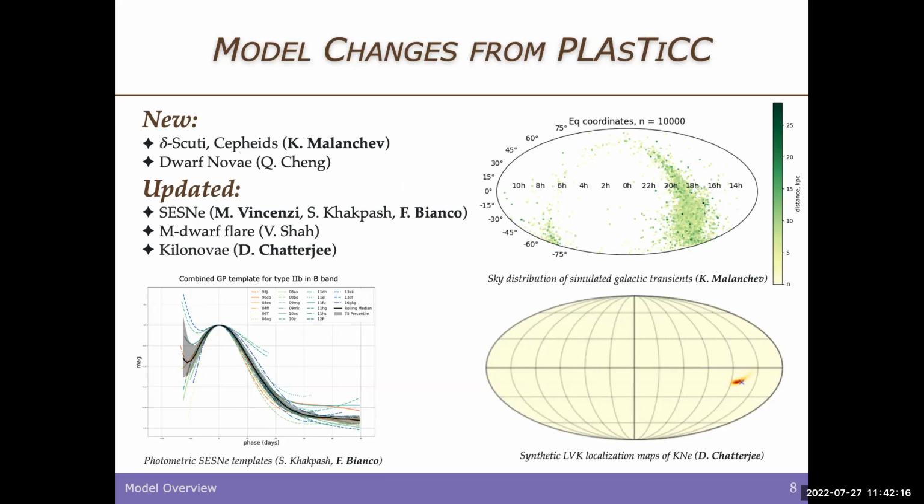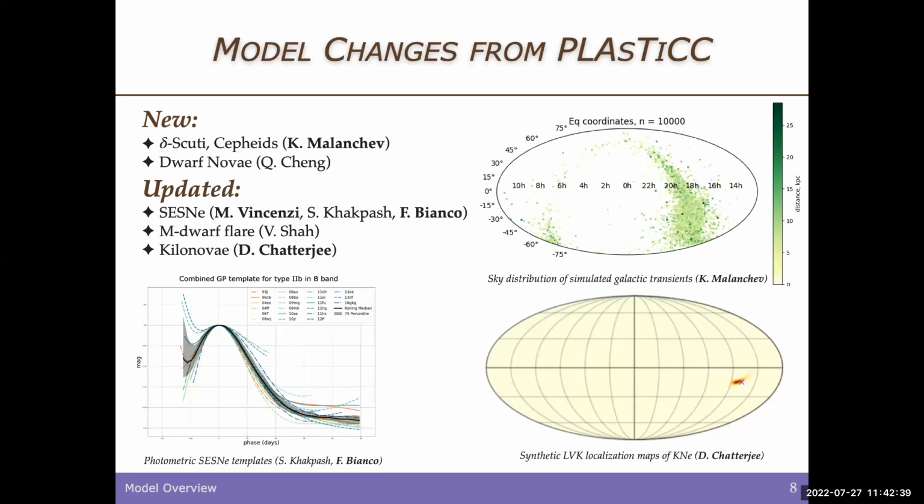Sorry, Shinan. And we've updated multiple models in the simulation framework as well. So there are multiple stripped envelope supernova models that we've contributed, and M-dwarf flares, kilonovae. There's been lots of simulation work in kilonovae over the past couple of years, unsurprisingly, and we've integrated those to the best of our ability into this framework.